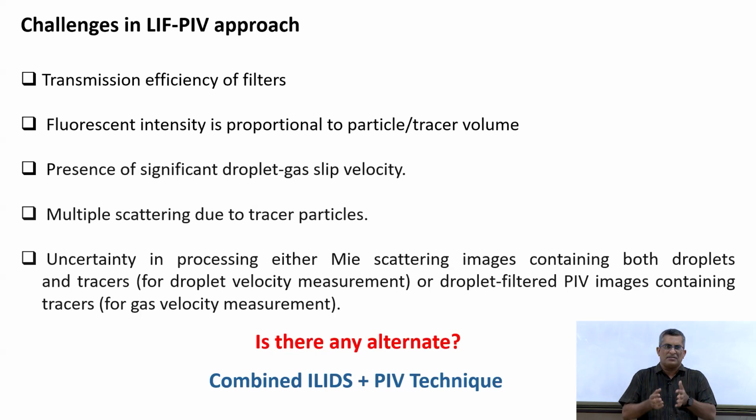At the time of acquisition itself, we can separate the phases. But it is still possible that in one of the cases you see both particles as well as tracer particles, but considering that you would have acquired either the particles or the tracer particles uniquely, you can separate the two phases. Still, with this approach, some amount of crosstalk is possible.